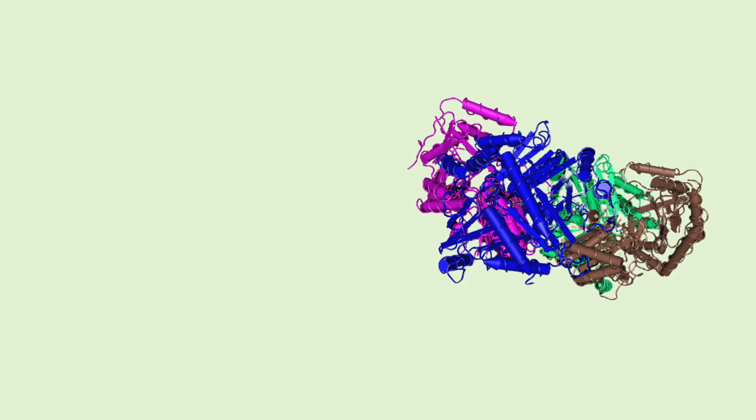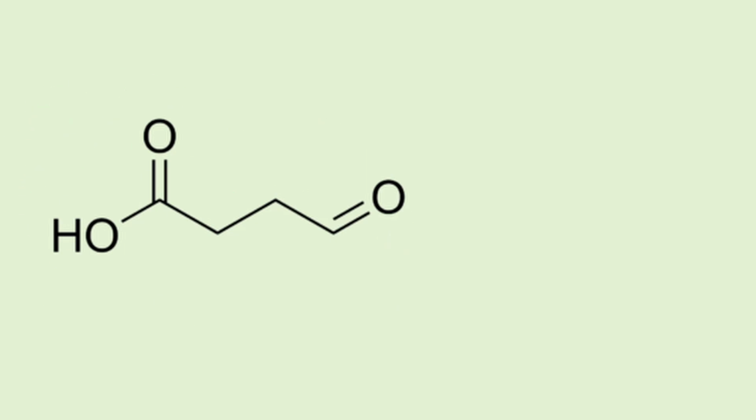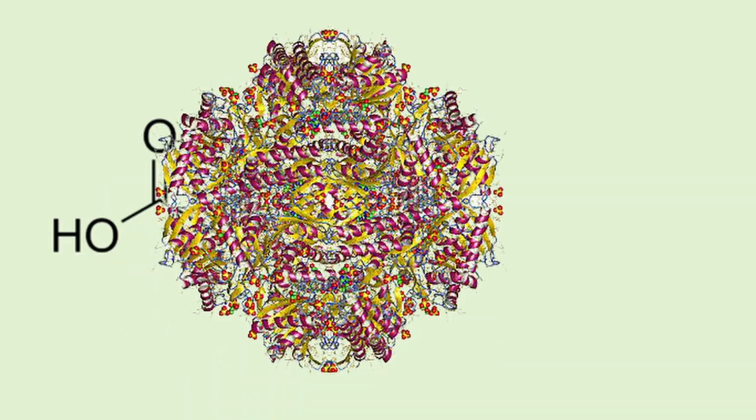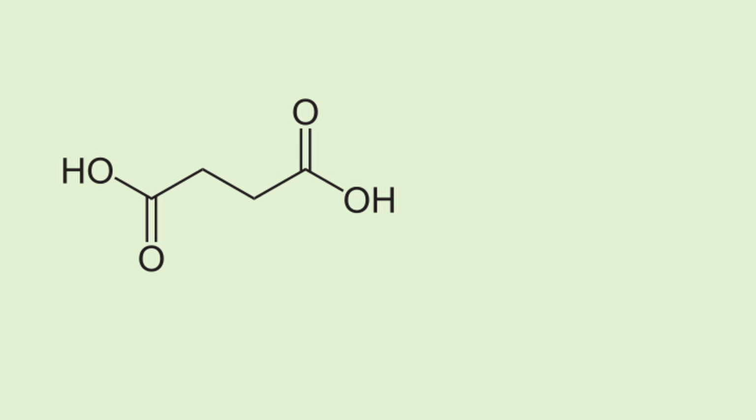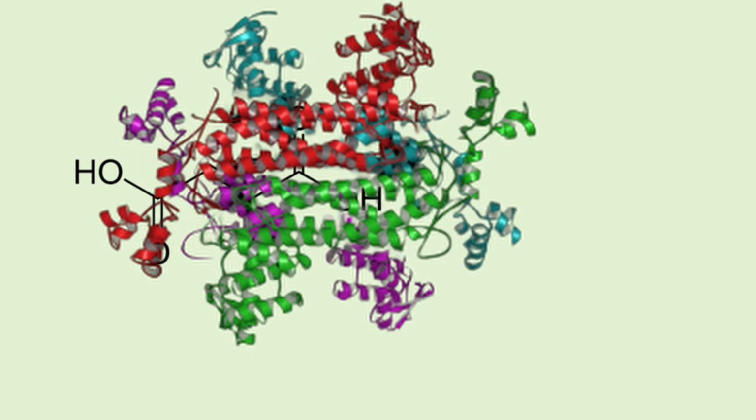This GABA transaminase turns GABA into succinic semialdehyde, and succinic semialdehyde dehydrogenase turns succinic semialdehyde into succinate. This succinate is converted to fumarate as part of the Krebs cycle due to succinate dehydrogenase. Then this fumarate is converted to malate via the enzyme fumarase.